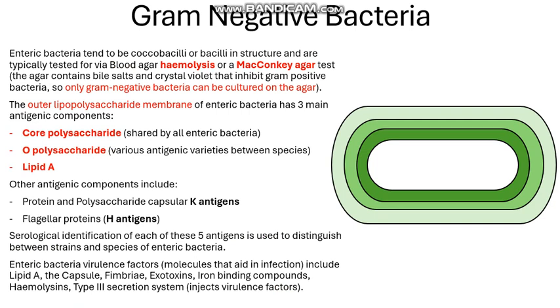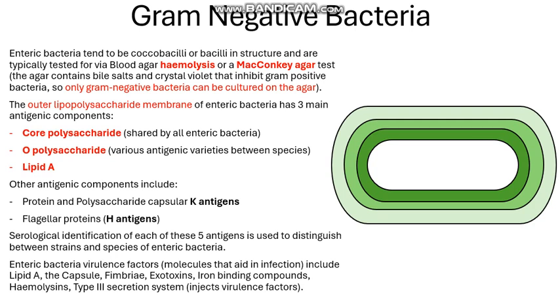Enteric bacteria tend to be coccobacilli or bacilli, so that rod shape shown on the right here. And they're typically tested for via blood agar hemolysis, which we've covered in a previous video, or something called a MacConkey agar test. In a MacConkey agar test, the agar contains bile salts and crystal violet that inhibit gram-positive bacteria.